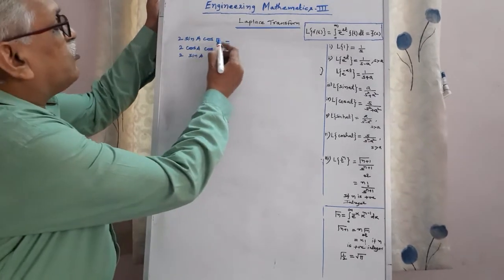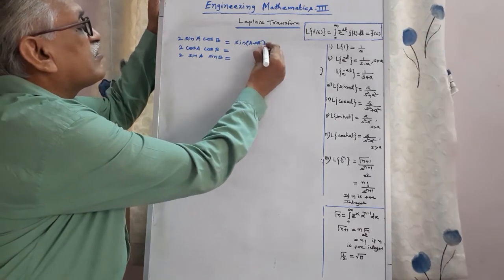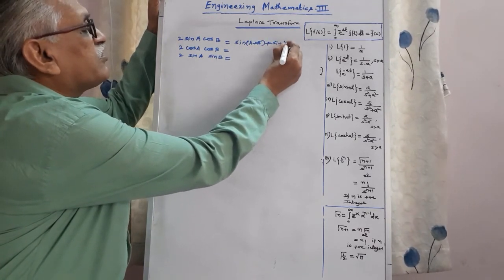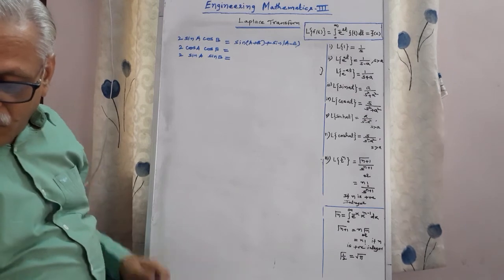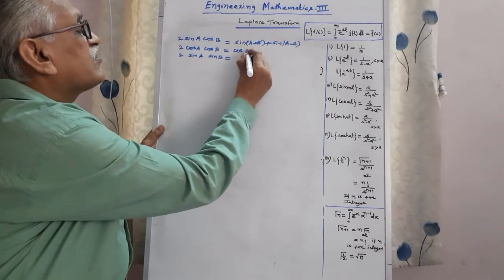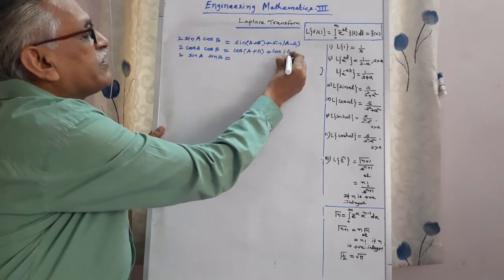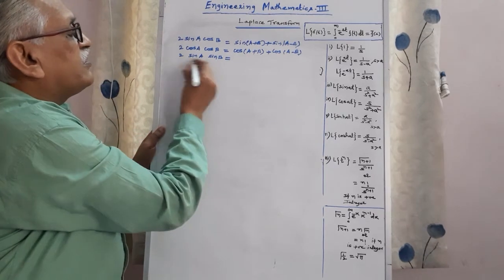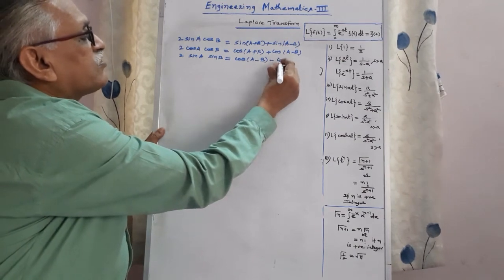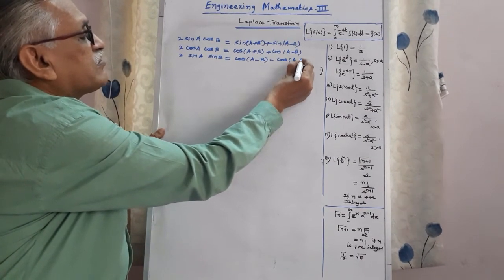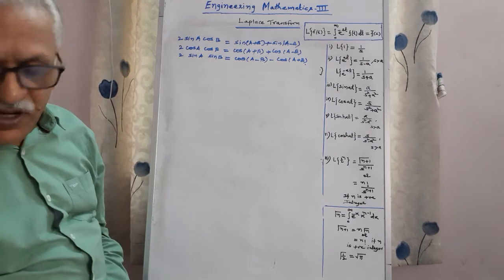The result for 2 sin A cos B is sin of A plus B plus sin of A minus B. 2 cos A cos B is cos of A plus B plus cos of A minus B, and 2 sin A sin B is cos of A minus B minus cos of A plus B. These are the formulas for defactorization.